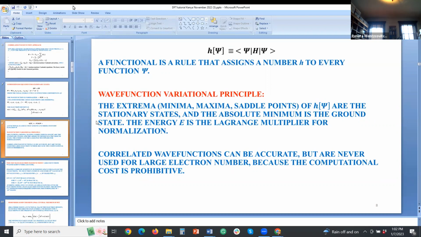And the energy E is a Lagrange multiplier for normalization in this minimization problem. So correlated wave functions can be very accurate, but they're never used for a large electron number because the computational cost is prohibitive.